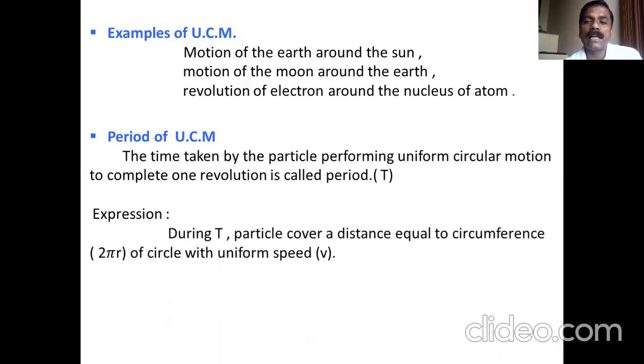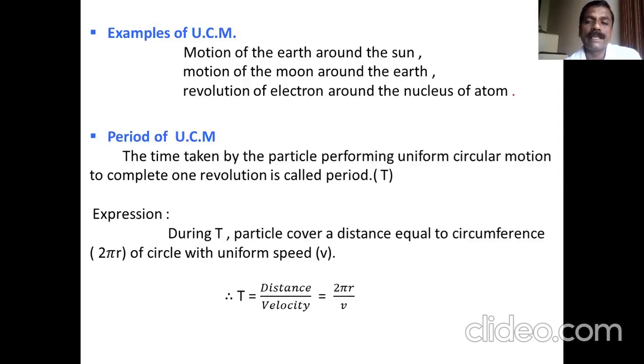During the time interval T, the distance covered by the particle is equal to the circumference of the circle, which is 2 pi r, with a velocity v. We can write time is equal to distance divided by velocity.